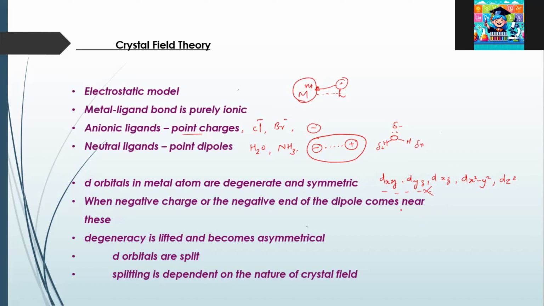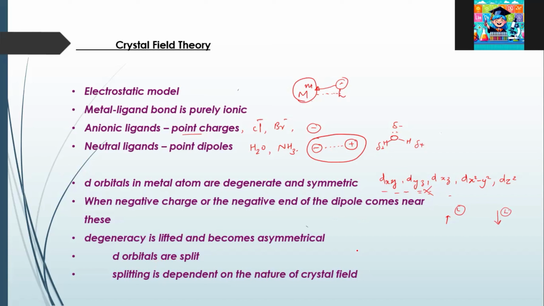Some of the orbitals will have an energy rise because of the interaction with ligands. Some of the orbitals will lose some energy and get lesser energy than the normal degenerate level because of the interaction with the ligand negative charge. Hence, we can say these d orbitals are split.